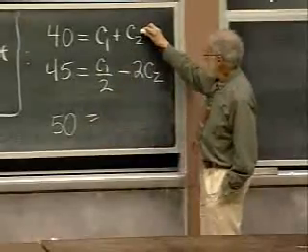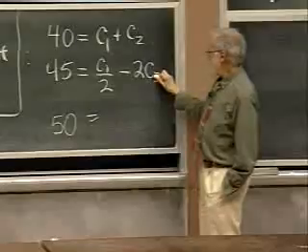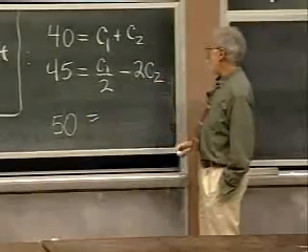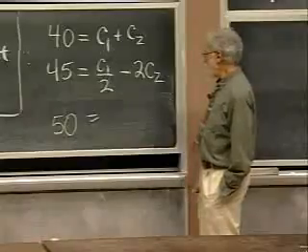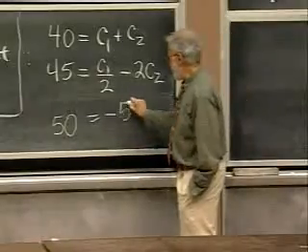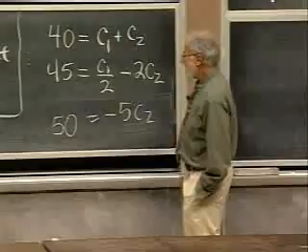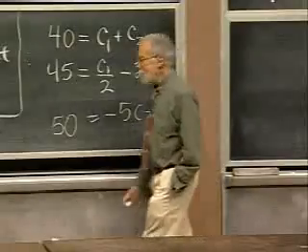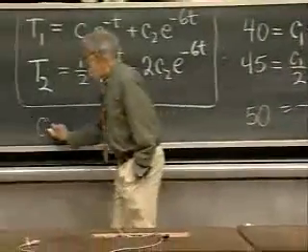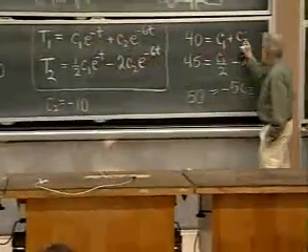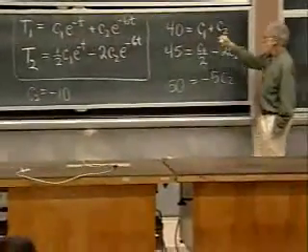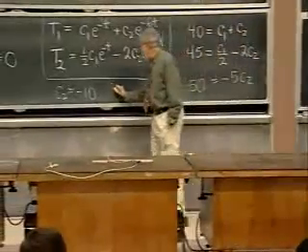And c2 taken from minus 4 c2, that makes minus 5 c2, I guess. So I seem to get that c2 is equal to negative 10. And if c2 is negative 10, then c1 must be 50.